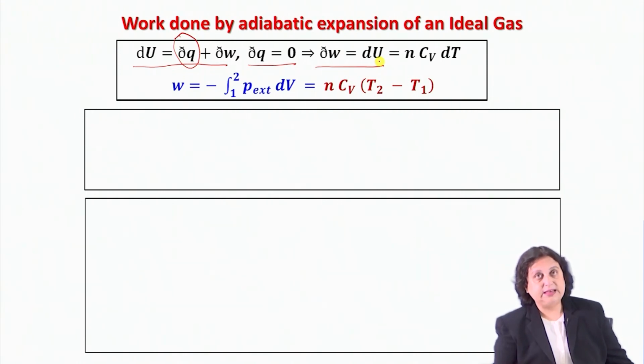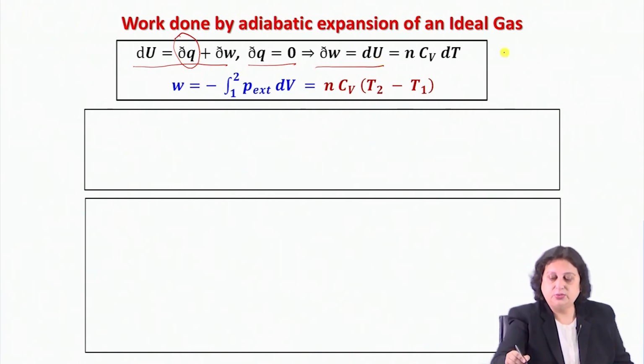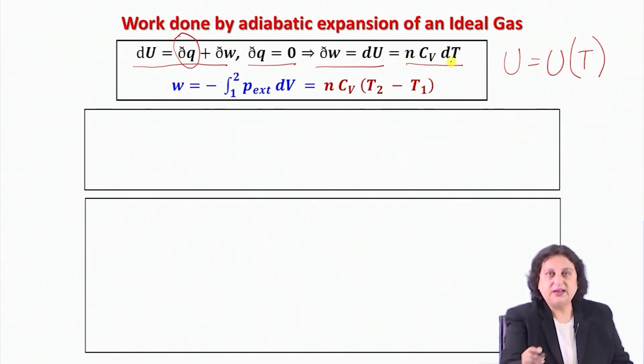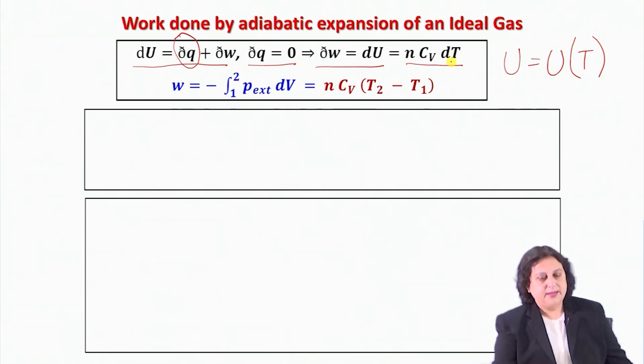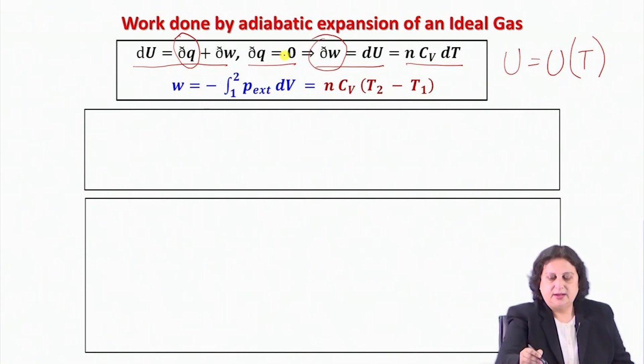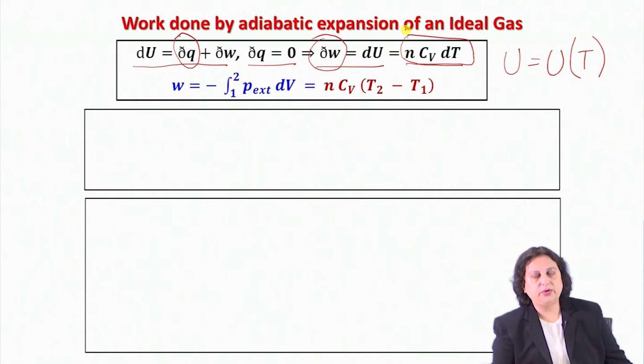Now, since it is an ideal gas and I know that U is a function of temperature and temperature only, I can write down dU as nCV dT. Therefore, I now have a handle for estimating the amount of work done in a process like this by looking at this equality, that dw is equal to nCV dT.